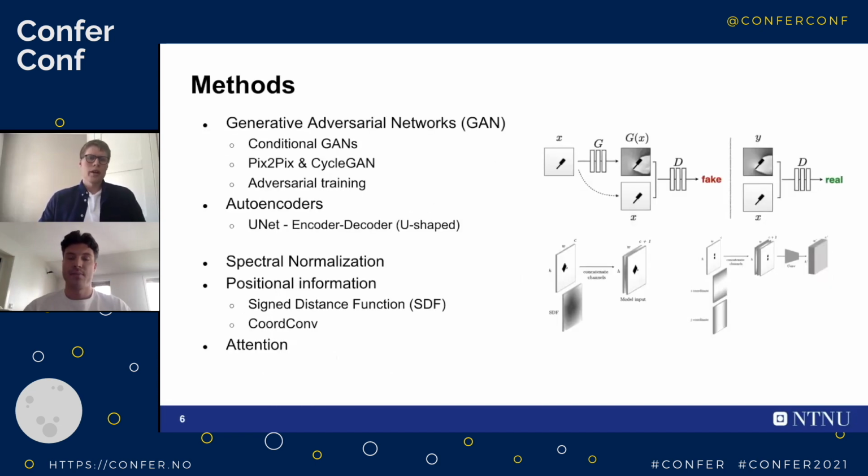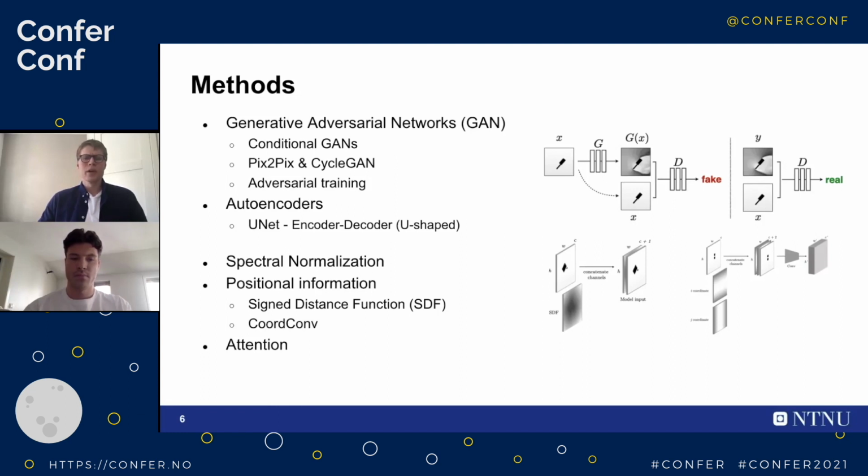Yeah. So we will not go very detailed into our methods, but we will explain the most important parts. So we use generative adversarial networks, or GANs, which for those of you who don't know too much about them, it is essentially 2 networks who play against each other in a minimax 2-player game, where the generator, which in our case predicts the wind simulations, tries to capture the underlying data distribution from the dataset, which hopefully encapsulates the Navier-Stokes equations, while the discriminator judges the real simulations and the generator output and tries to assign them a probability of being real or fake simulations.